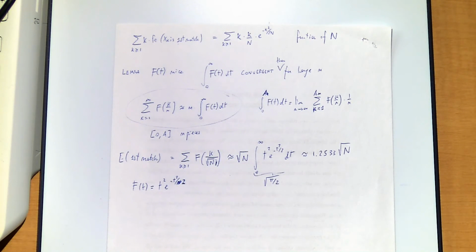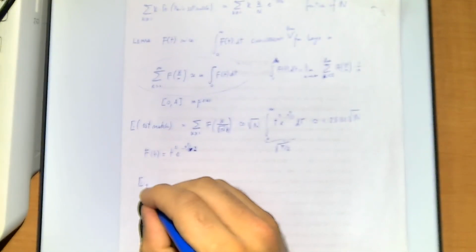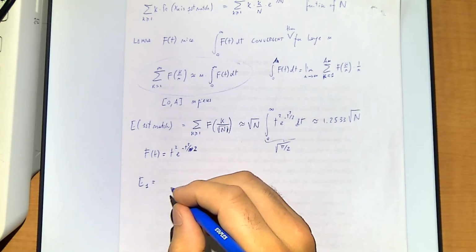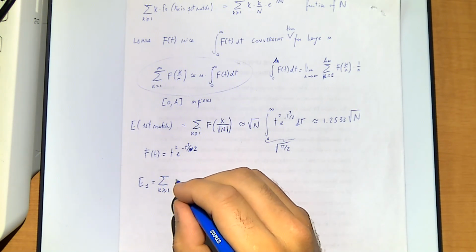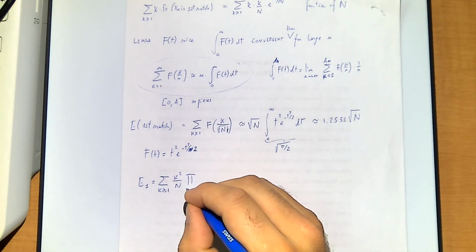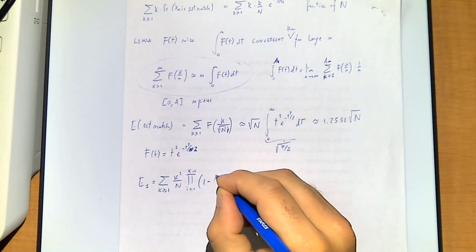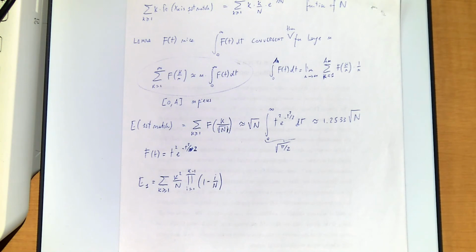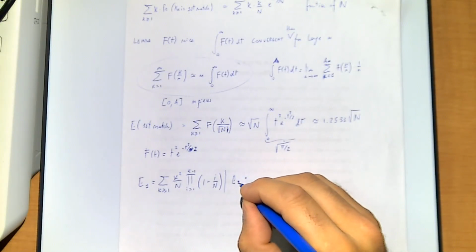Okay, so you can actually check basically how accurate these three values are. The first value is the actual value, which is essentially, look, the sum for k greater or equal 1 of k squared over n times the product of i equal 1 to k minus 1 of 1 minus i over n. That is the raw formula. Okay. The second value is, we approximate already the second part if you want.